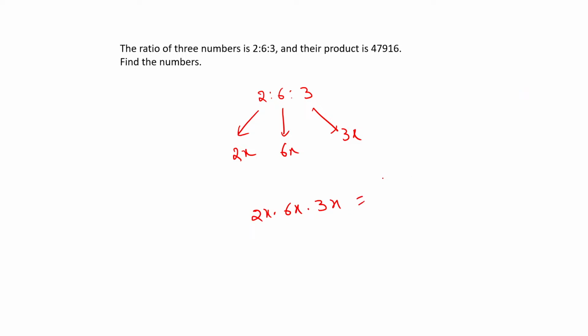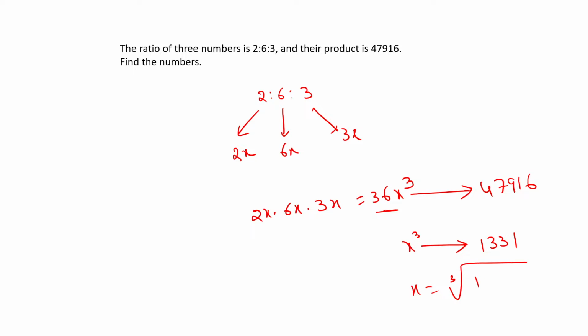So you are not going to get 36, it's going to be 36x cubed, and in the problem this value is given as 47916. So x cubed is 47916 by 36, which gives 1331. Then x is the cube root of 1331, which equals 11.